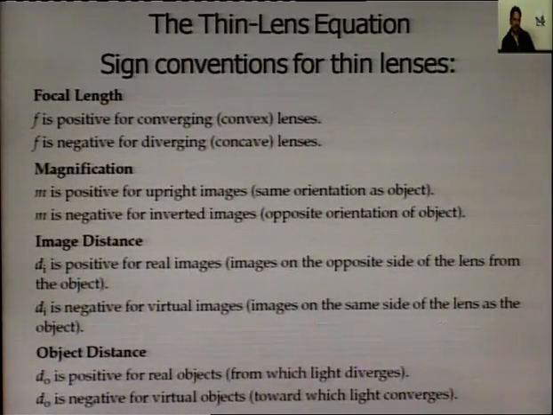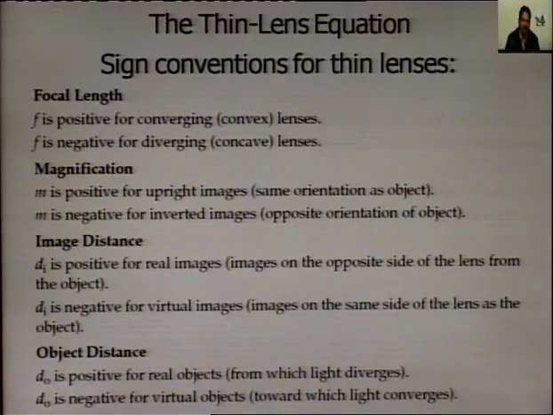Image distance. Image distance di is positive for real images, that is, images on the opposite side of the lens from the object. In that case, the distance of the image is taken as positive. di is negative for virtual images.